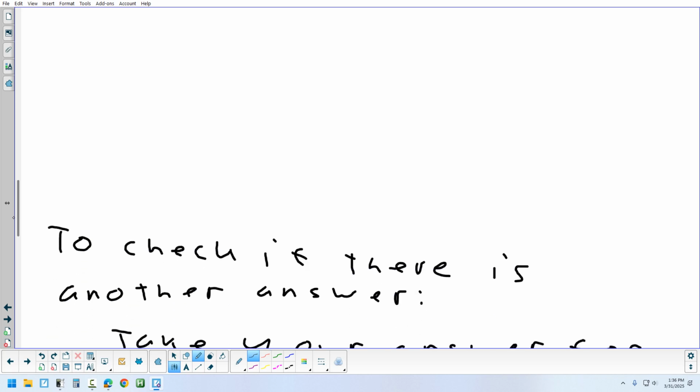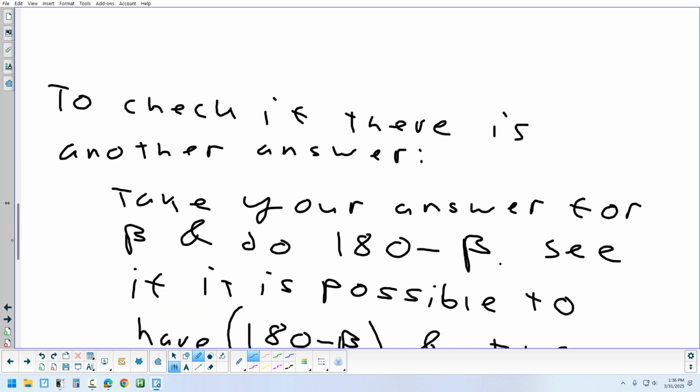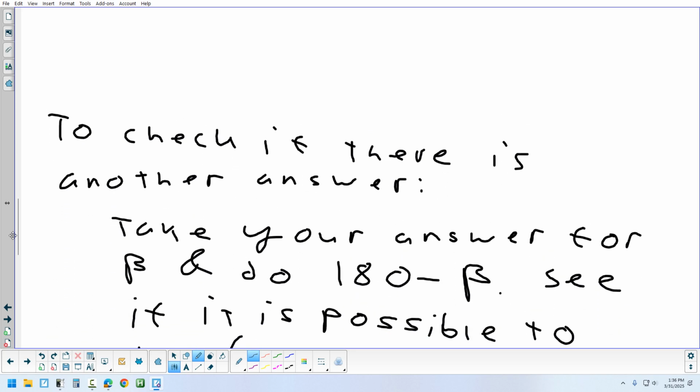So to find the second answer, you take the answer you got and you subtract it from 180. Whether it's beta or alpha or gamma depends on what you were given in the problem. But the point is you subtract it from 180.